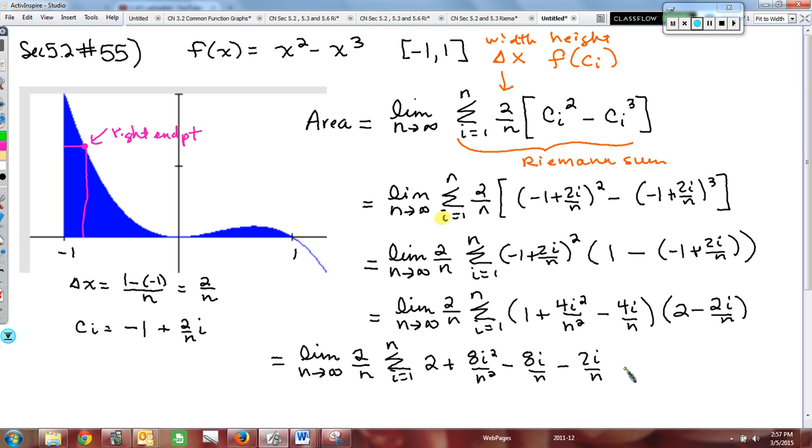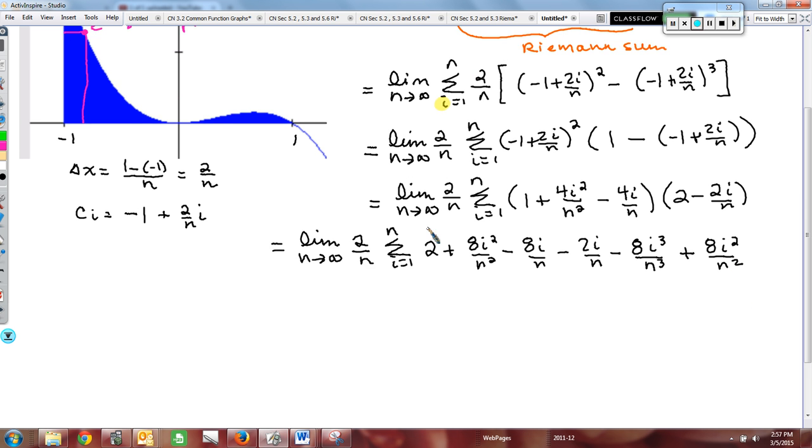Then this one would give me minus 8i cubed over n cubed. And then distributing the last one would give me plus 8i squared over n squared.